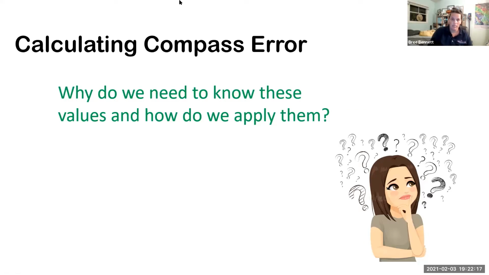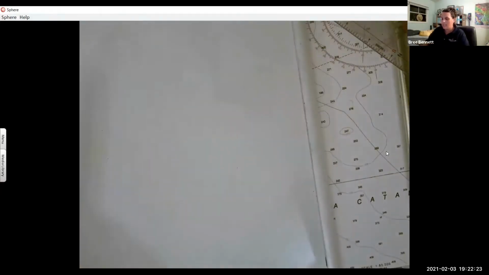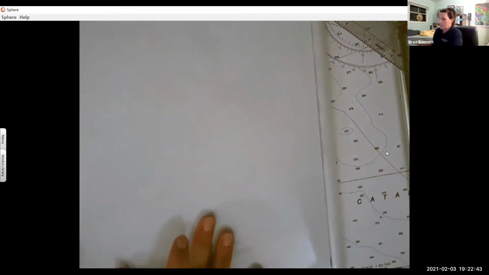So I was kind of saying earlier, I think it's easy to just neglect or dismiss deviation because it's harder to calculate using a table versus just seeing what the variation is on the chart.